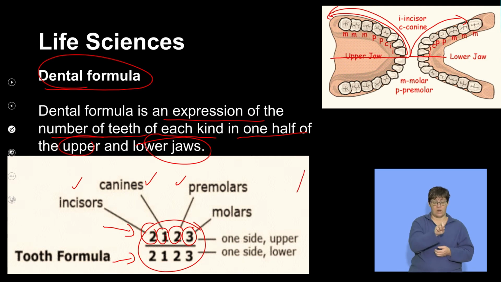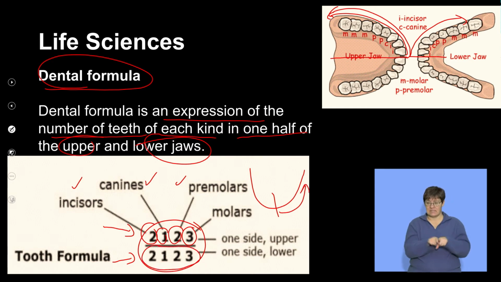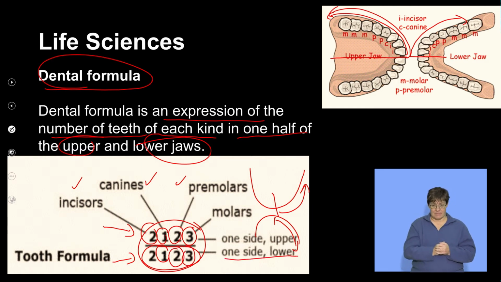So it's moving from that point to the back. The lower jaw would be moving in that direction, where we see again 2 incisors, 1 canine, 2 premolars and 3 molars on one lower half.